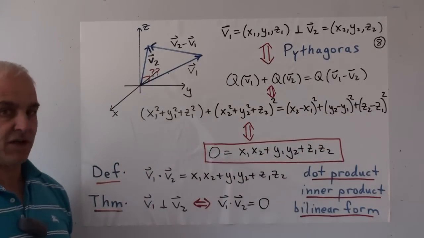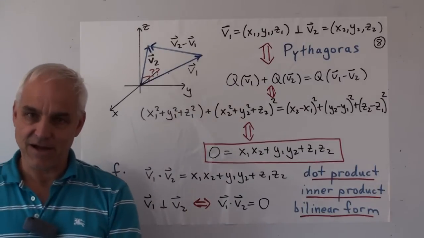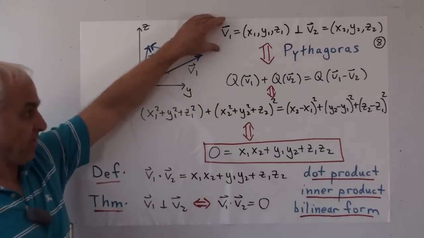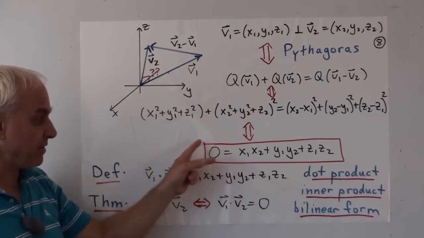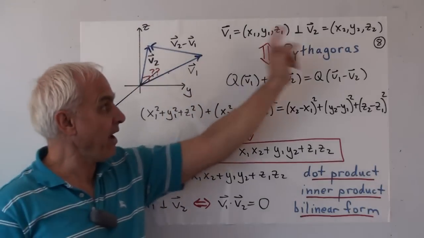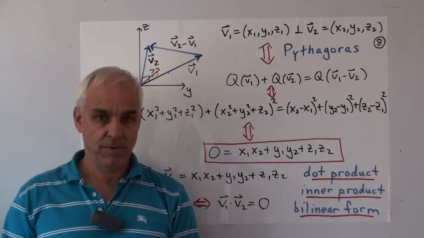And that's got to be equal to 0, because that's all that's going to be left on the left-hand side. So I'm showing you now that if you want Pythagoras' theorem to be true, then you want this relation to hold between the coefficients of v1 and the coefficients of v2.